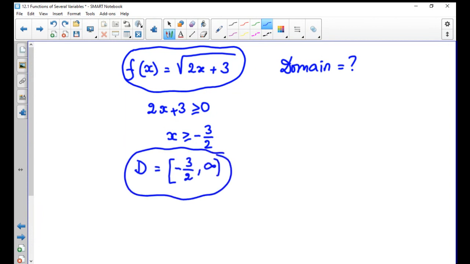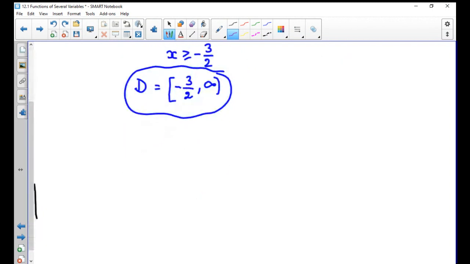That is the domain of this one. So when you have a square root, what is inside the square root must be greater than or equal to 0. That's an example.